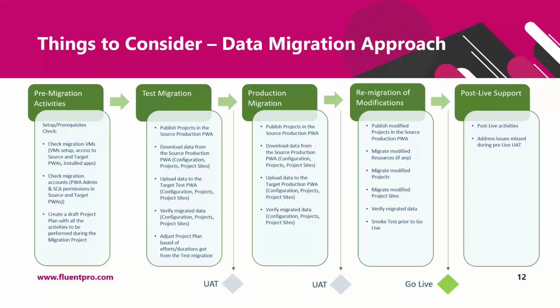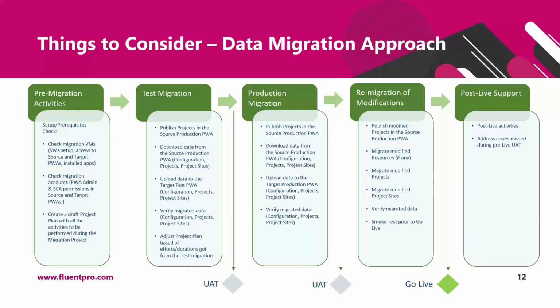Remigration of modifications is the next phase that follows after the production migration. If the volume of the data is pretty large and it is not possible to freeze the source environment for the whole duration of the production migration, then production migration is basically split into two phases.